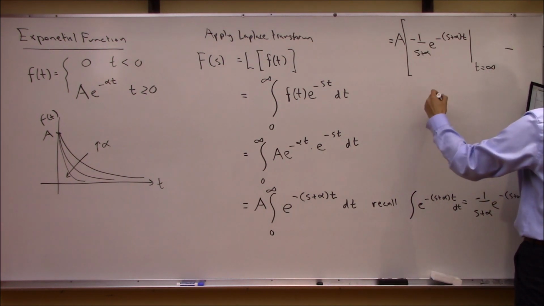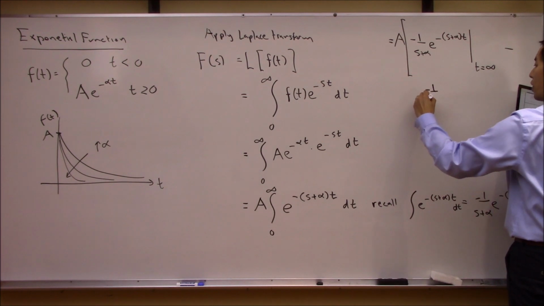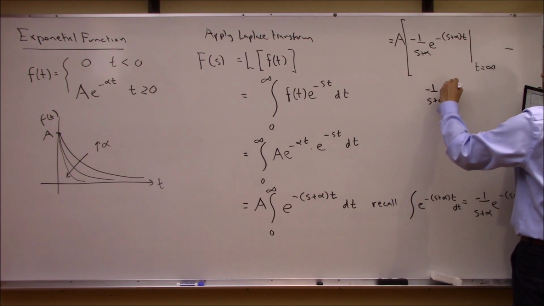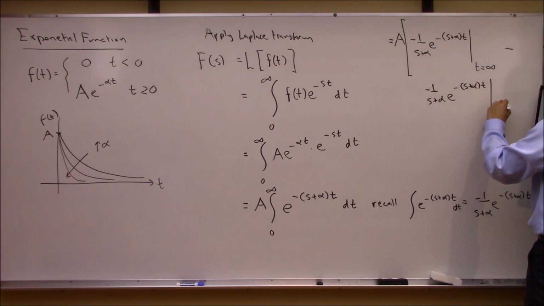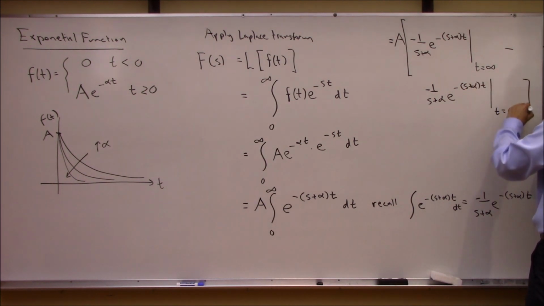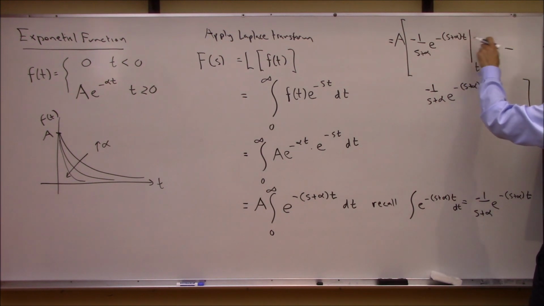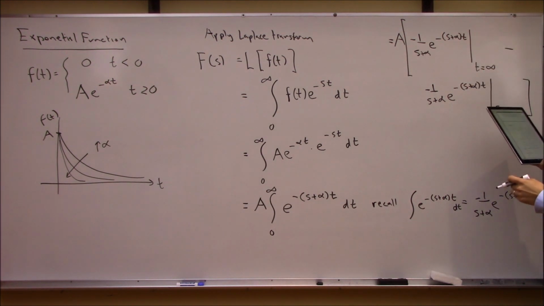Sorry, I'm going to come down here where I have a little more room: minus 1 over (s plus alpha) e to the minus (s plus alpha) t evaluated at t equals 0, and then close the square brackets. Sorry, that's a little bit weird, this thing wraps around just because I ran out of room.